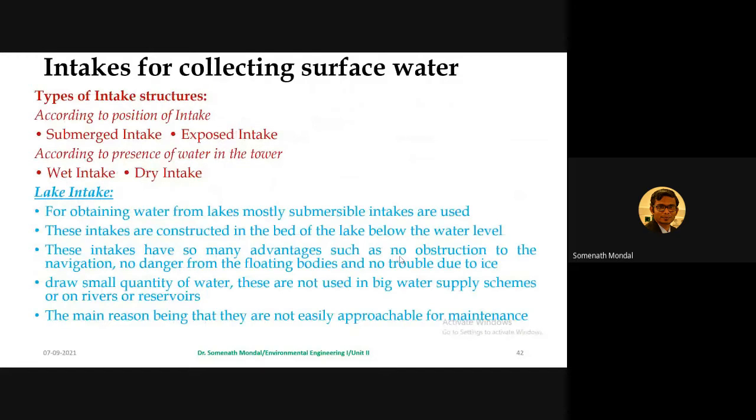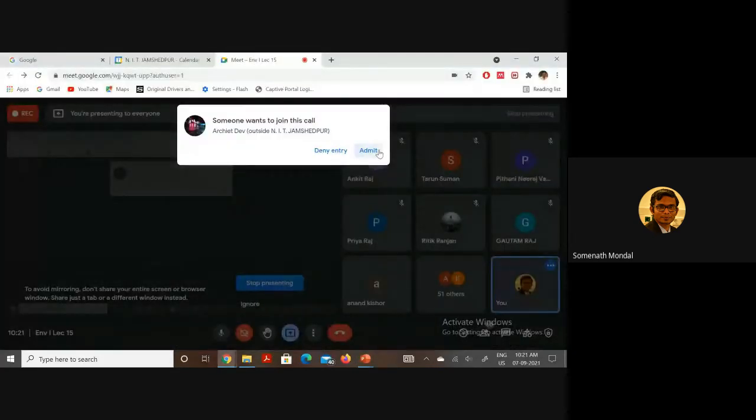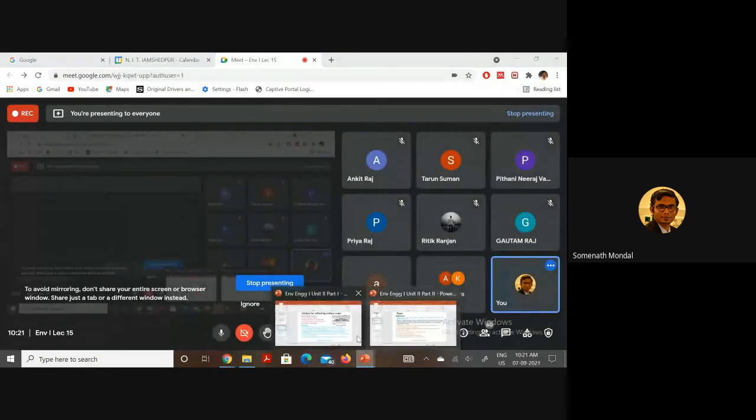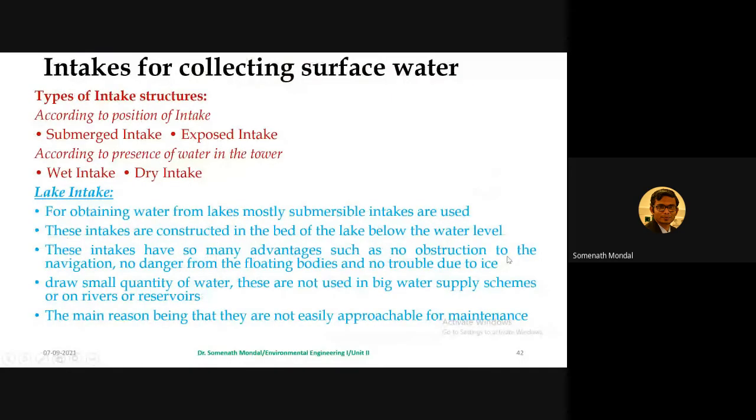According to the position of the intake, some intake structures are exposed in the source, and those are known as exposed intake. Others are not exposed, so they are in submerged condition within the water body itself, and are known as submerged intake.